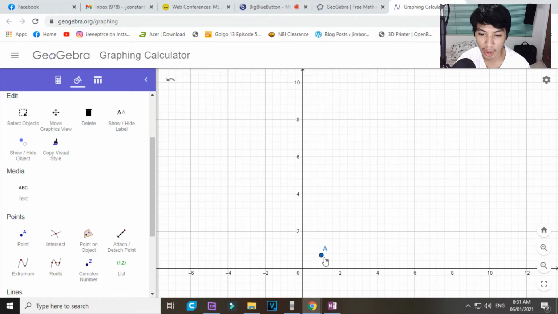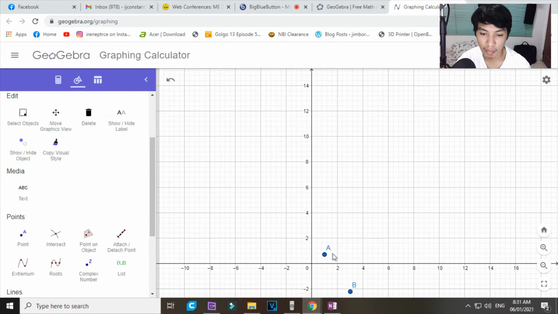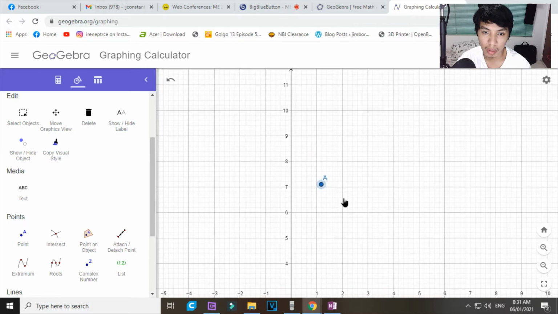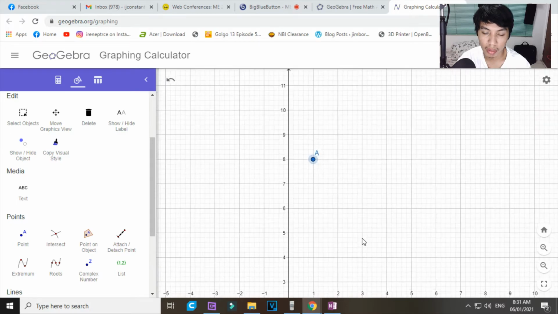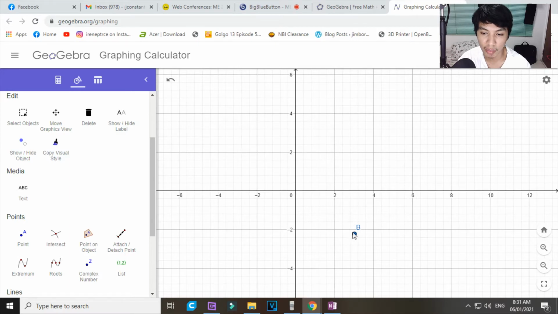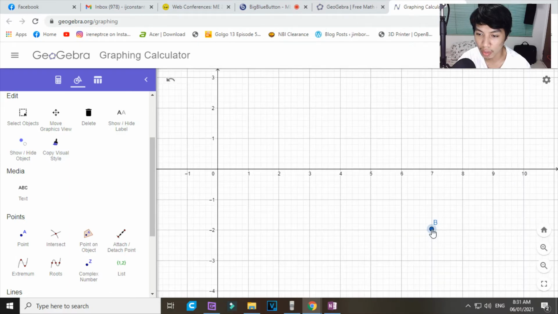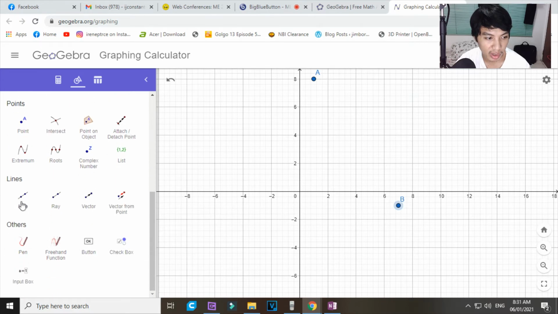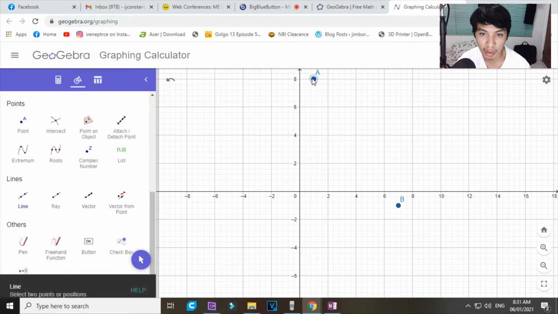This is 1, 8. Tsaka 7 and negative 1. Dito sa gitna yan. 7 and negative 1. Ayan. I-connect the points. Line. Here. And here.